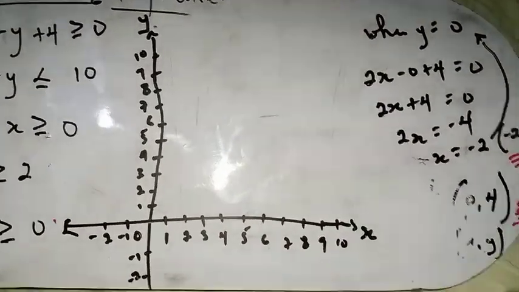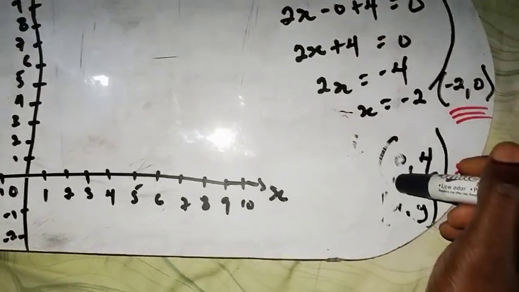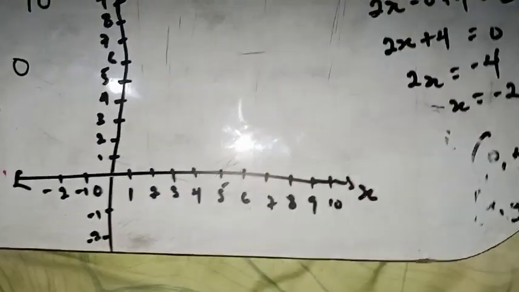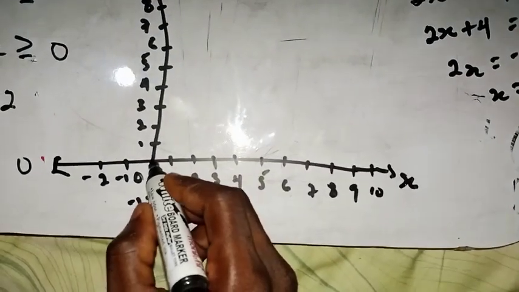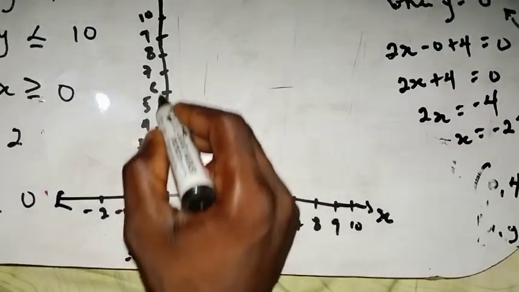Remember that. Now if you want to plot a point, earlier on I said that the first value is for the x followed by the y. So 0, 4. 0 on the x, and then for 4, you go straight up.